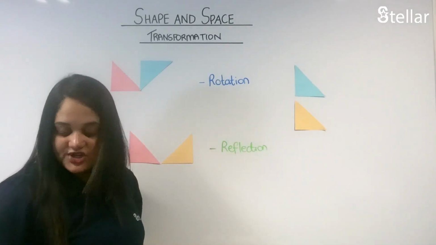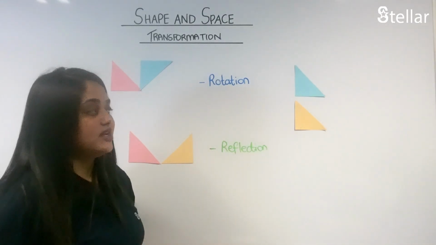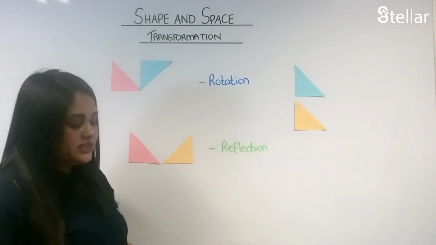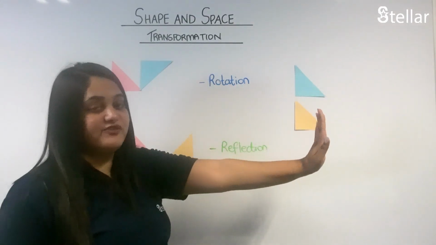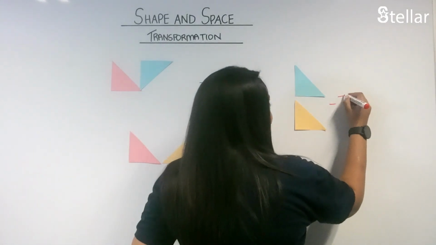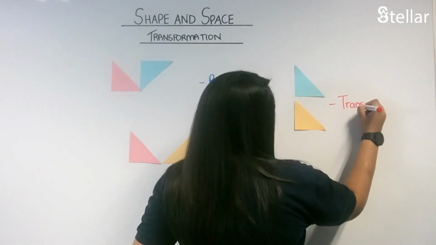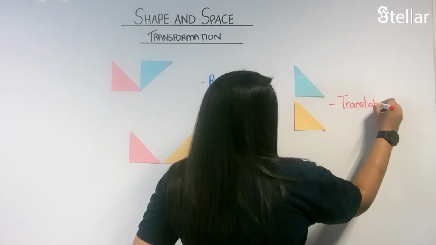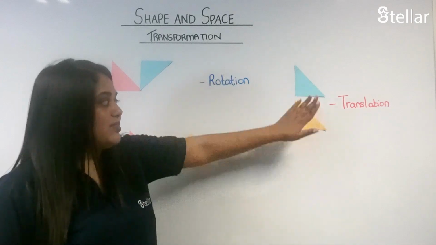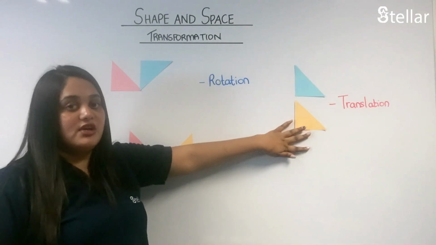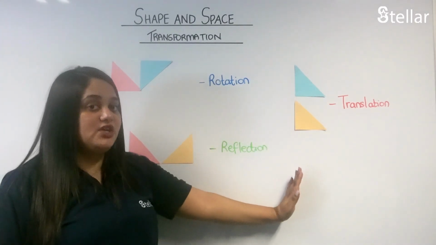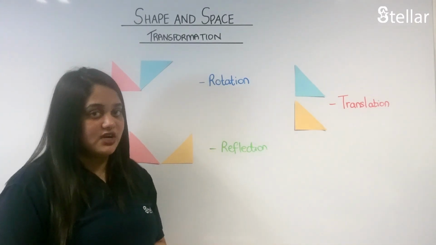If this is rotation and this is reflection, if I move it, if I slide the shape down or up or left or right, what am I doing to the shape? I am translating the shape, and that is called translation. It is me moving the shape up or down, but in a sliding motion, right? It has to be where we can identify by how many units, and you learn about that later on.